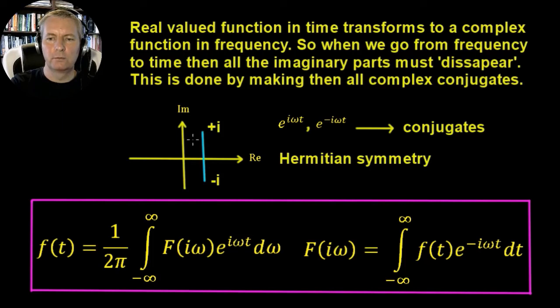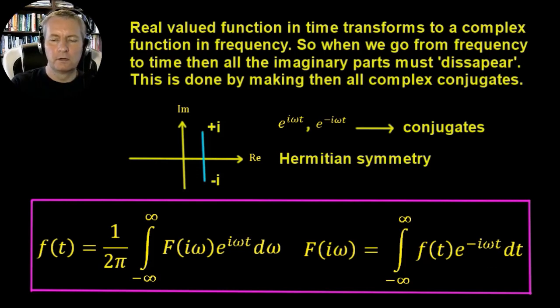The plus I will always cancel out with the minus I. So back in the time domain we'll have a purely real function, and we do that by ensuring that our orthonormal basis are conjugates, that is e to the I omega t and e to the minus I omega t are conjugates. We're going to look at that in another video when we look at Hermitian symmetry, and also at eigenvalues and eigenvectors, and how we can relate all that to the idea of the Fourier transform, but that's for another video.